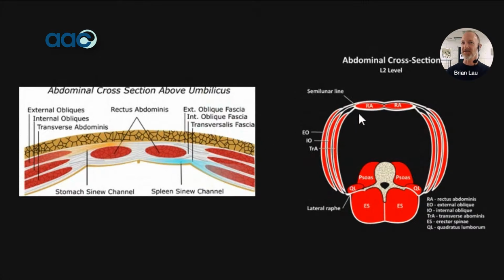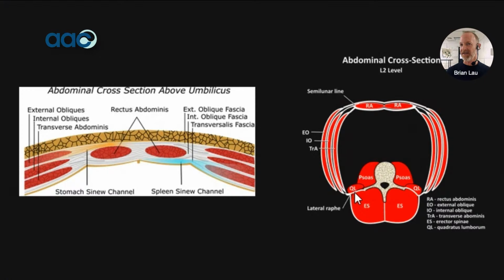Multiple importances of that, but one very simple one is if I look at this bigger cross section, rectus abdominis, spine, erector spinae, quadratus lumborum, that fascial layer is continuous with the transverse abdominis and the internal obliques, and that's going to continue to come into a seam at the thoracolumbar fascia at a structure called the lateral raphe.